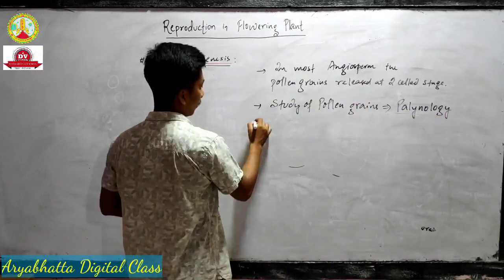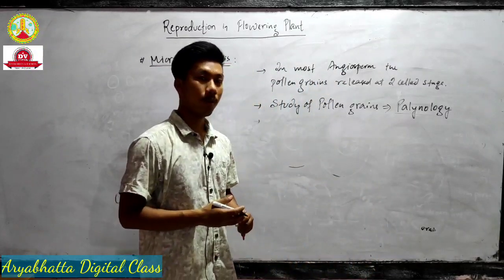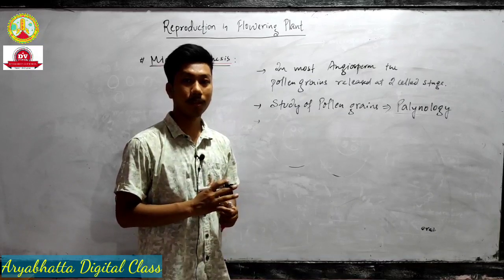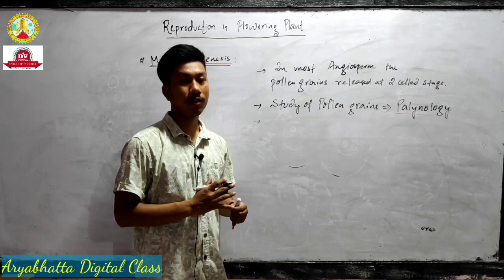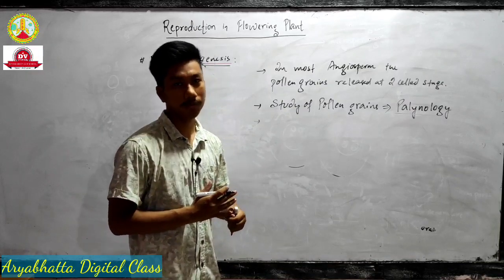Next, now pollen grains can be edible. Okay, pollen grains are edible in the form of syrups and tablets. It is given to the children and athletes for their growth.